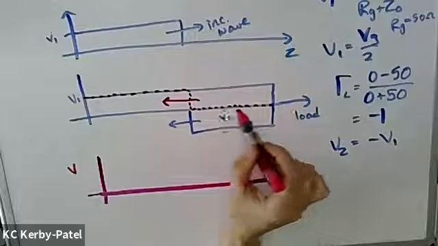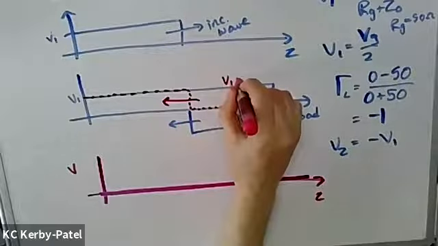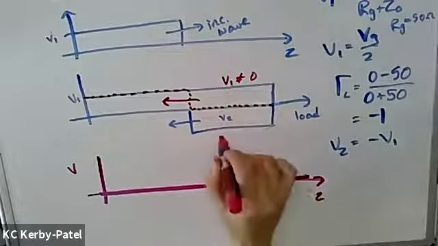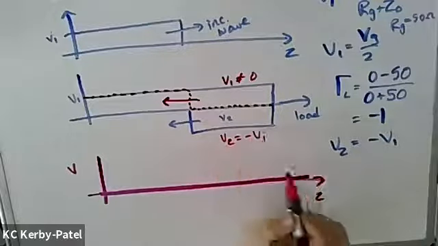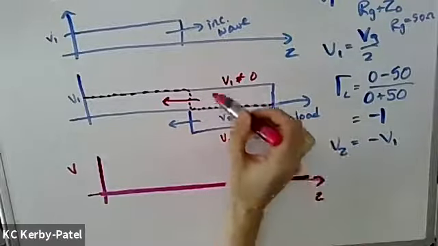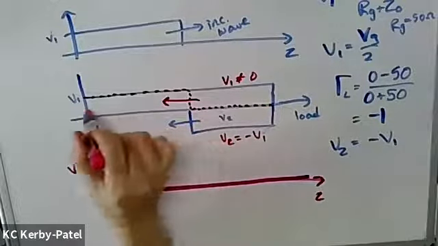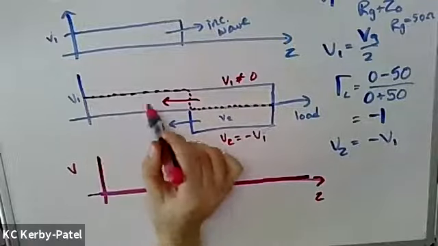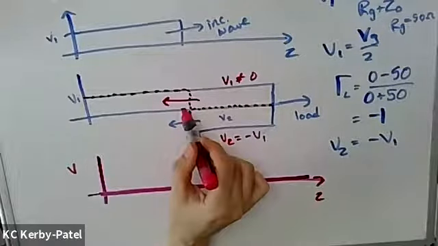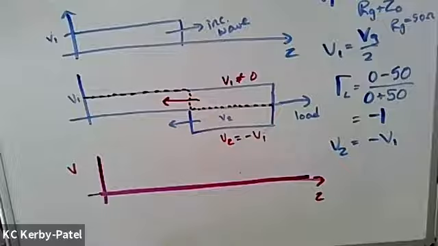So as it's going back, you still have V1 not equal 0 over here, and you have V2 equals minus V1 over here. So they're canceling each other out along this section, but over here, V2 hasn't made it this far yet. So the voltage here still looks like it's just V1. Does that make sense? I misread it. And then the third situation, after it reaches the end, it's 0. Yes, it's after they've both made it all the way down.